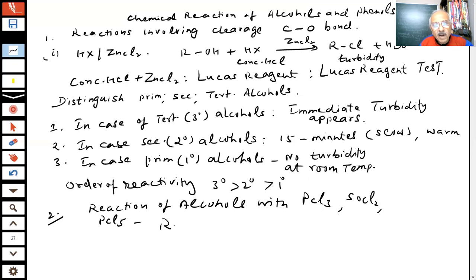What happened? The alcohols are converted into RCl with all these methods. We are not discussing them again, as we have already discussed these methods in the preparation of haloalkanes, so we can go back and see those videos. This involves the breaking of the R-O bond, the carbon-oxygen bond is broken, students, and you are able to get the Cl here. These reactions have already been done.